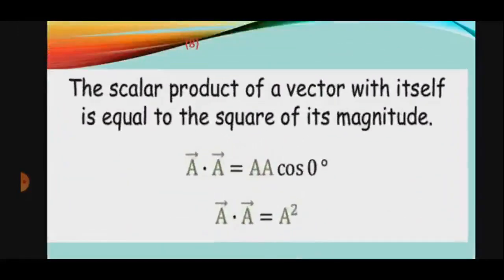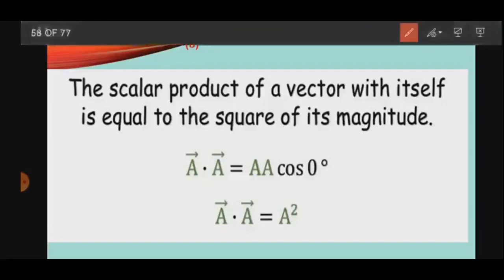Sorry, eighth property. The scalar product of a vector with itself is equal to the square of its magnitude. The scalar product of a vector with itself is termed the self dot product, and is given by a vector square is equal to a vector dot a vector.